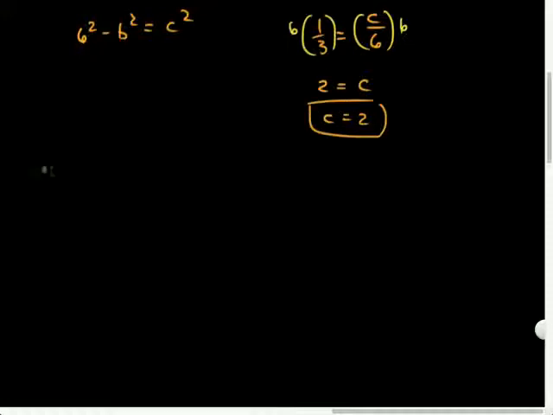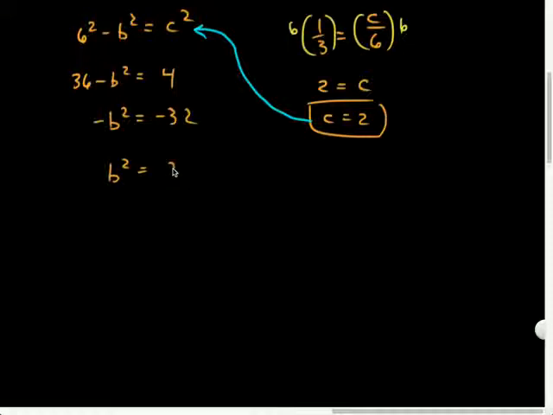And now I could then just be like, aha, substitute. So I'll have 36 minus B squared equals 2 squared, which is 4. So negative B squared is equal to negative 32. B squared is equal to positive 32.